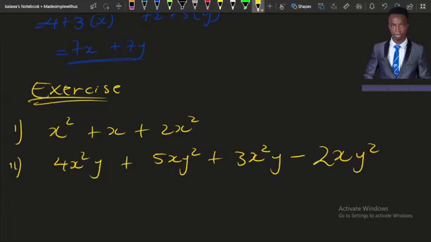So do these two exercises. In our next video, I'll be solving them before we proceed to the next level.